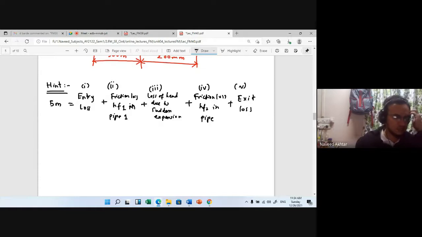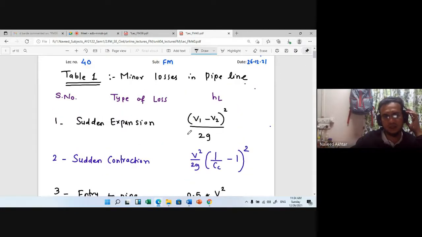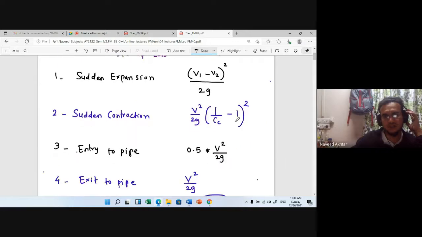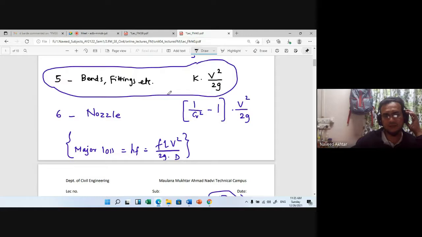Okay, so this is the hint for you, and all these losses we have seen at the start of this class in tabulated form: sudden expansion, sudden contraction, entry to the pipe, exit from the pipe, bend, fitting, nozzle, and major loss due to friction.